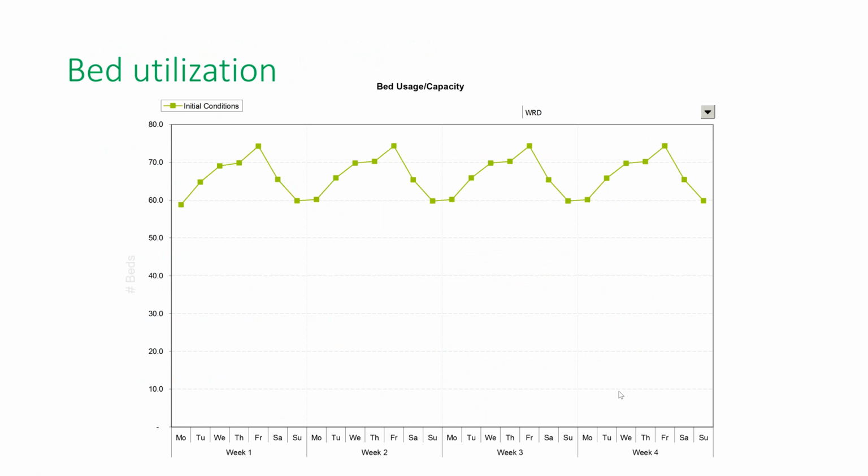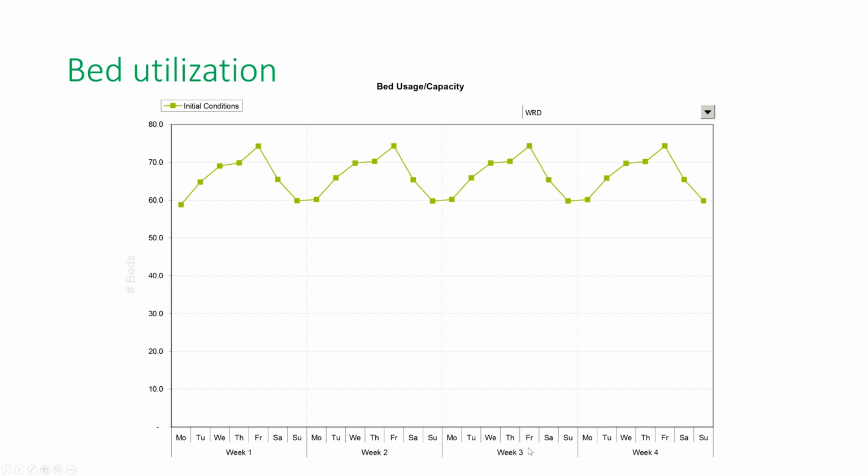So before you build the model, this was what the picture looked like. This graph shows the number of beds used. On the y-axis, you have the number of beds, so you see about 60 to 75, and you see a cyclic pattern. The pattern has been repeating itself. And on the x-axis, you see different weeks.